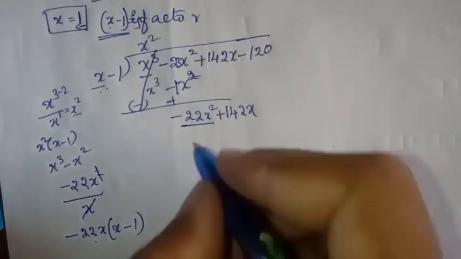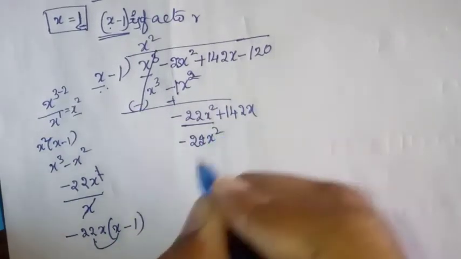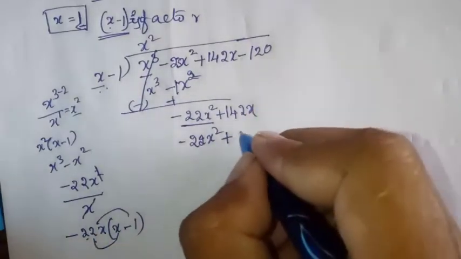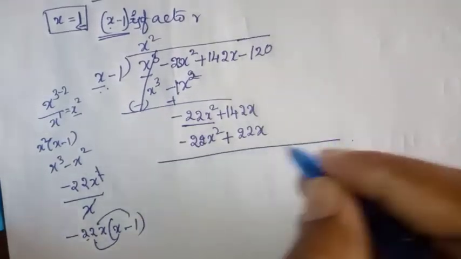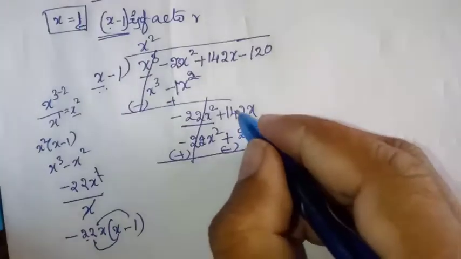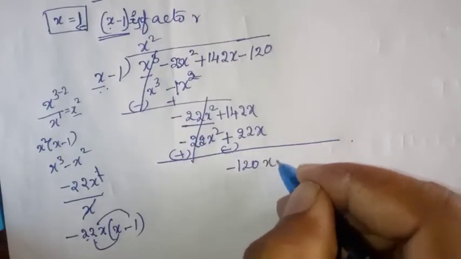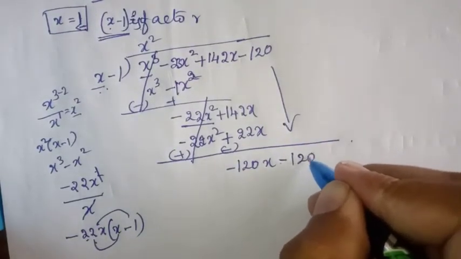Okay, multiply with the divisor. Then you get minus 22x square and here plus 22x. Now change the sign, cancelled, take the difference, that's minus 120, take down, that's minus 120.